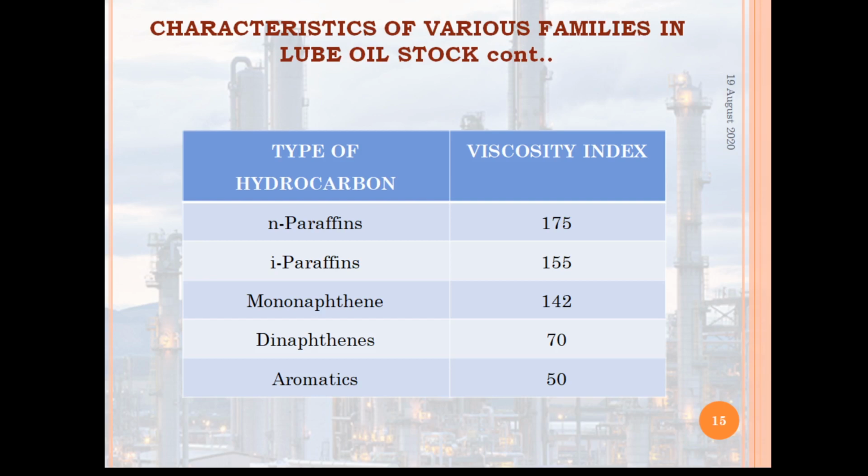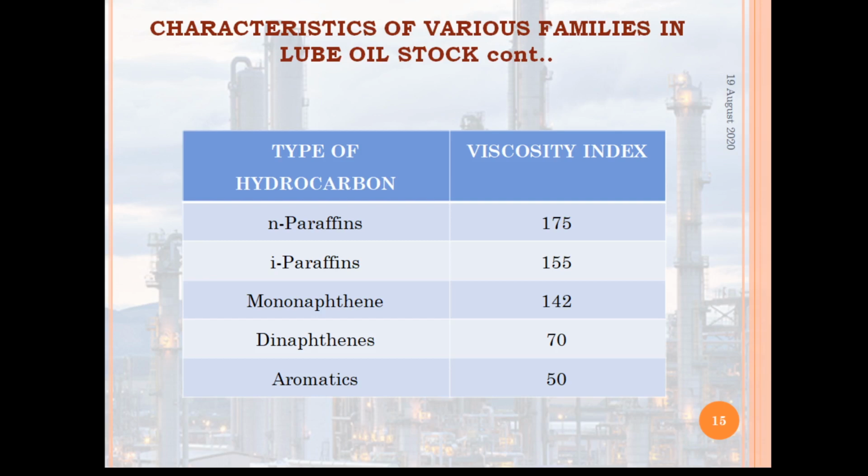First is the normal paraffin, or n-paraffin, which has a viscosity index of 175. The isoparaffins have 155, the mononaphthenes have a viscosity index of 142, the dinaphthenes have 70, and the aromatics have a viscosity index of 50. So as we see, the more branching, or the more aromatic or ring compounds, the lower the viscosity index.